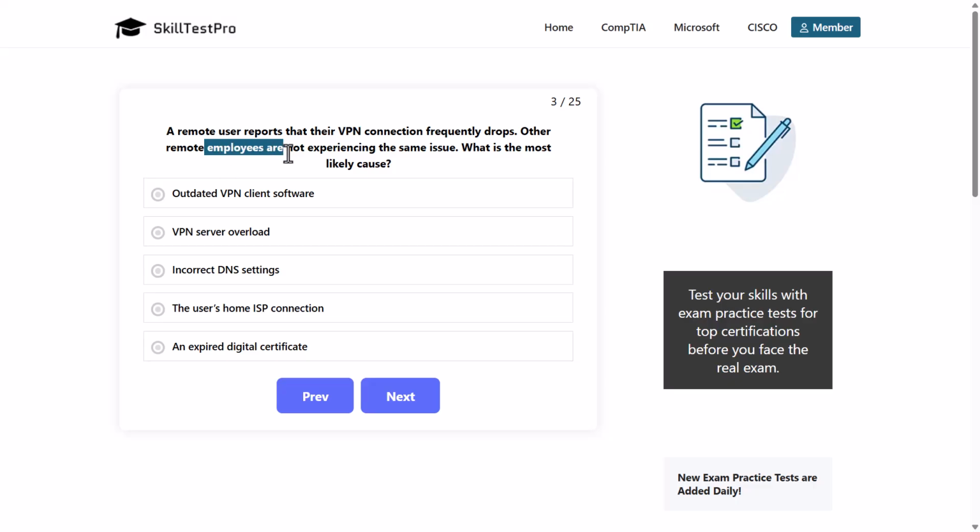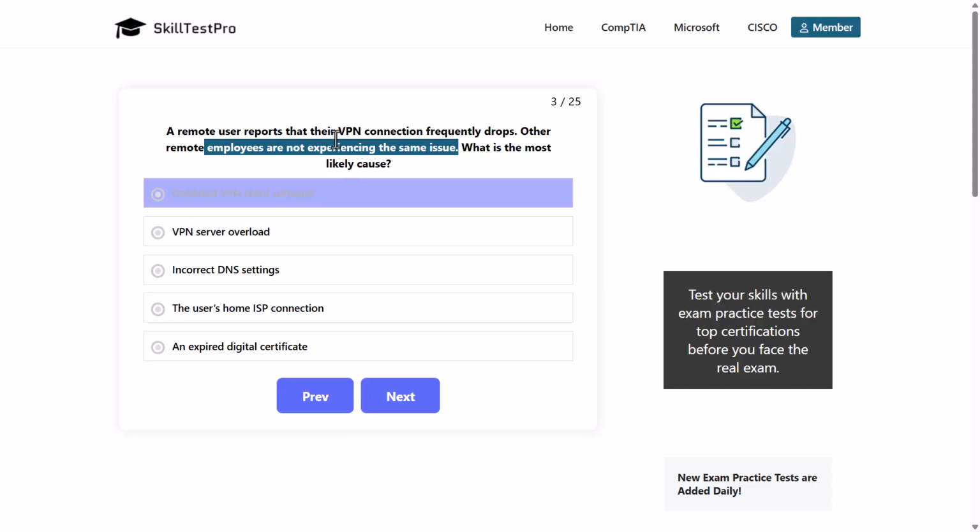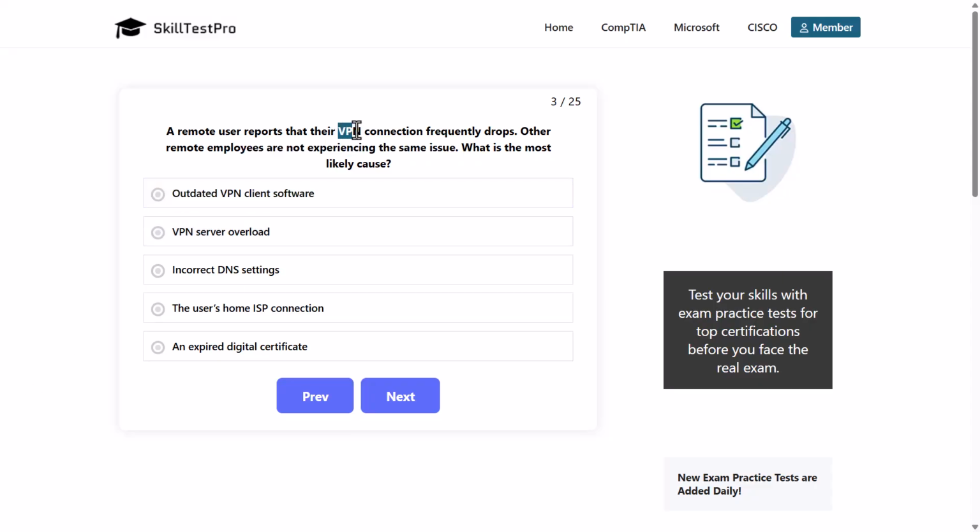However, the other employees who are also working from home and using a virtual private network connection to connect to company data and servers don't have any issues. So what is the most likely cause for this error for this one particular user?